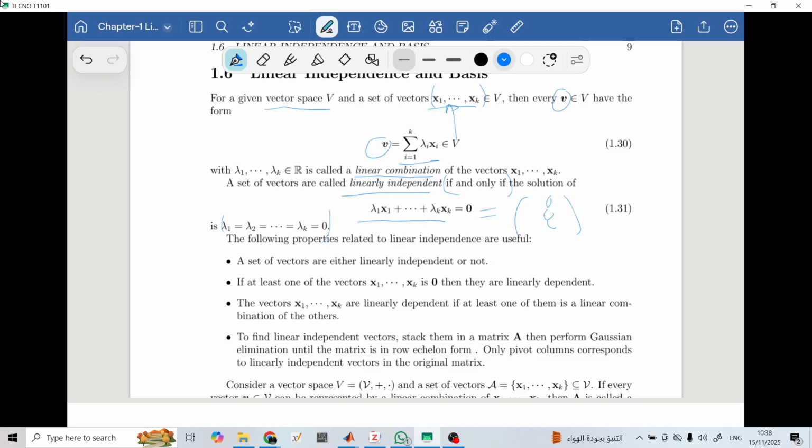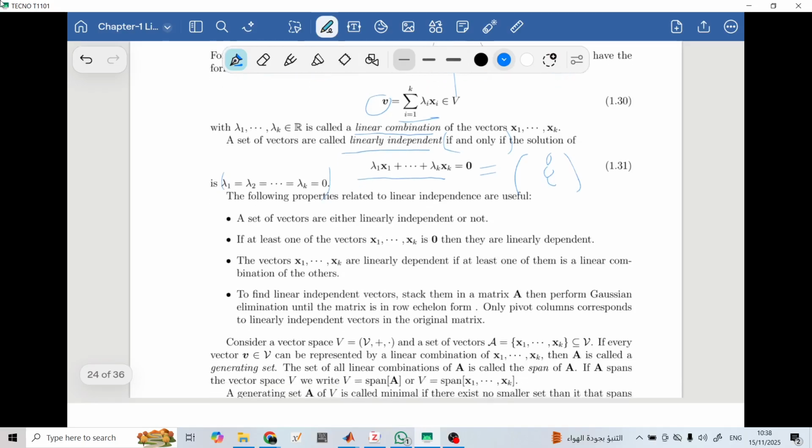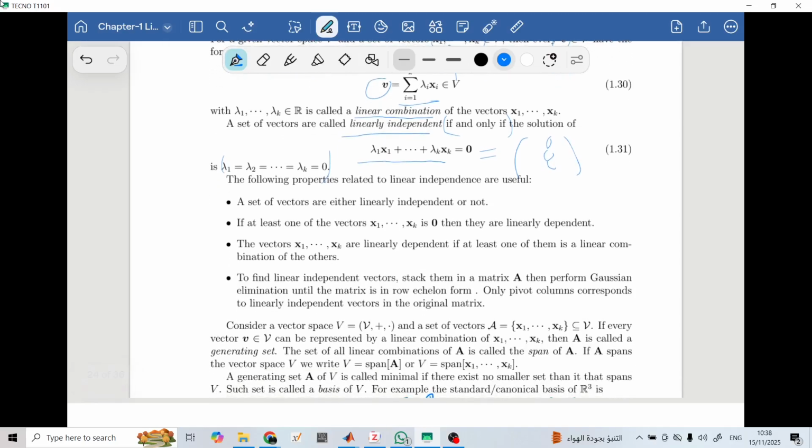So if we can find such a special set of vectors that are linearly independent, we can deduce the following. Any set can be either independent or dependent.